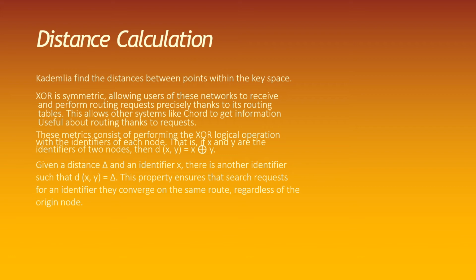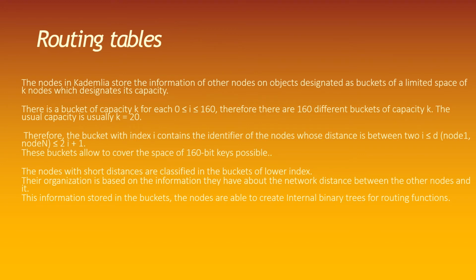That is, if x and y are the identifiers of two nodes, then d(x,y) = x ⊕ y. Given a distance delta and an identifier x, there is another identifier y such that d(x,y) = delta. This property ensures that requests for an identifier converge on the same route regardless of the origin node.